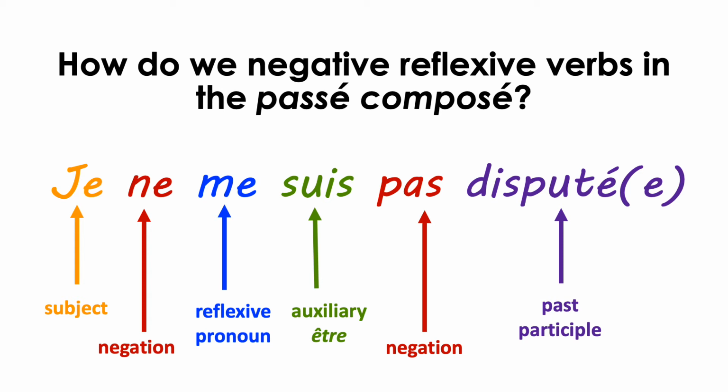So it's going to be subject, je, ne, negation, me, reflexive pronoun, suis, auxiliary être, pas, negation, disputé, past participle. Je ne me suis pas disputé. I didn't fight or I didn't have an argument. So once again, the ne pas are going to go around the reflexive pronoun and the auxiliary être.